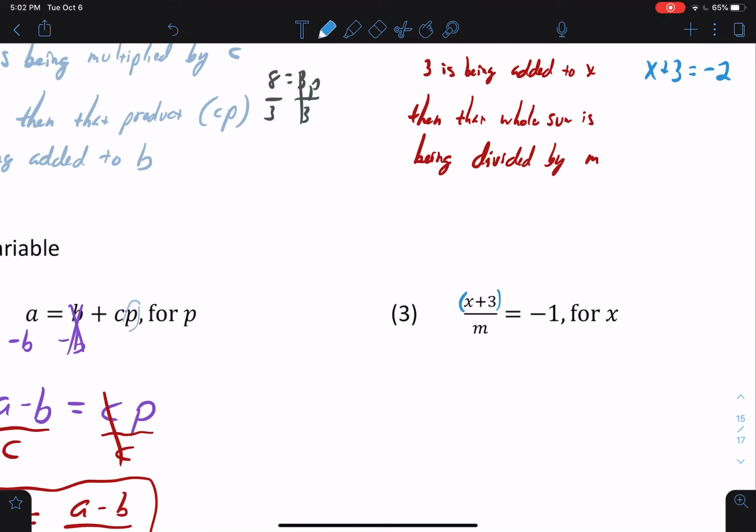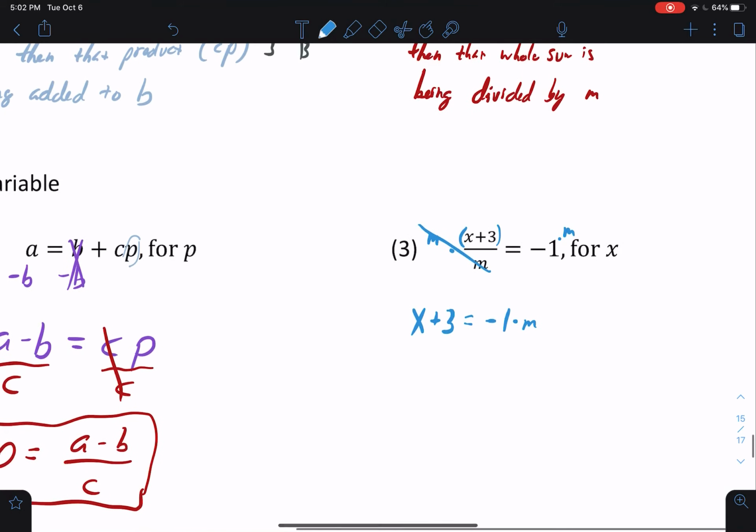It's dividing. How do I undo division? I multiply. So I'm going to multiply both sides by m. That's going to cancel out the m and leave me just with x plus 3 equals -1 times m. -1 times m is the same thing as -m.